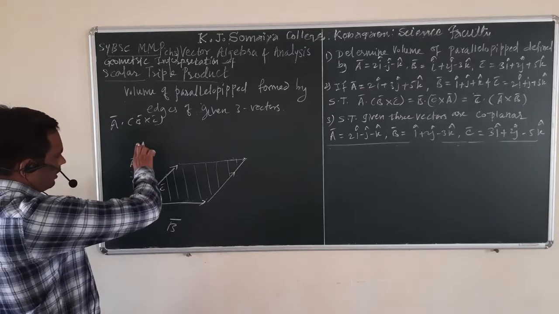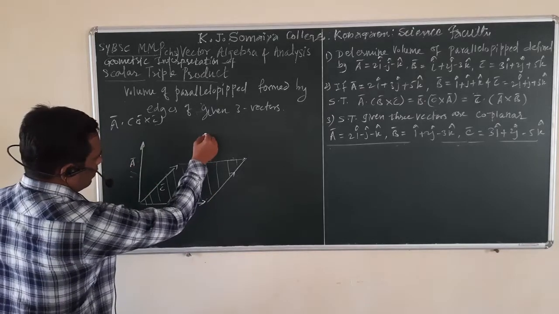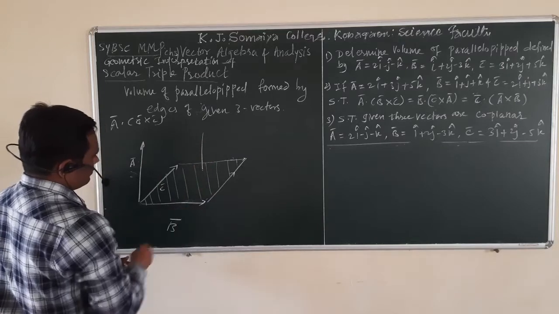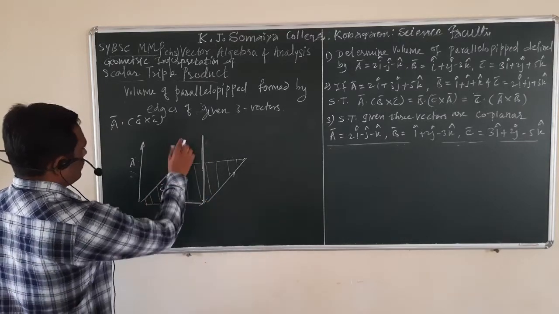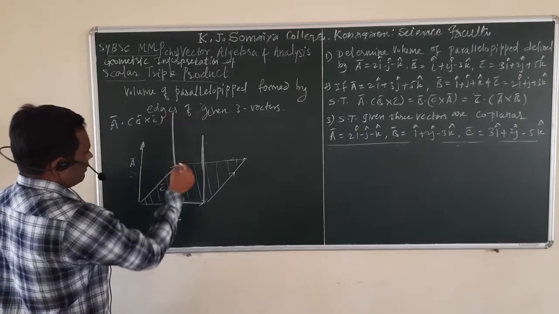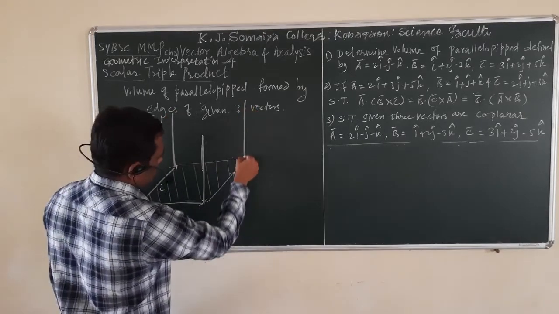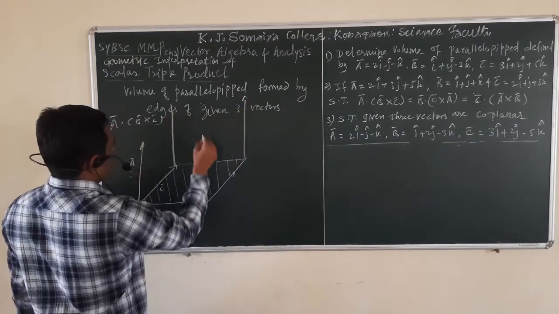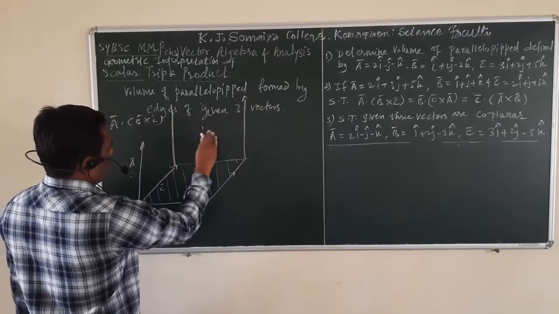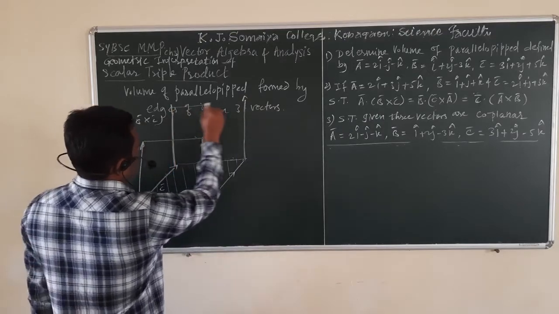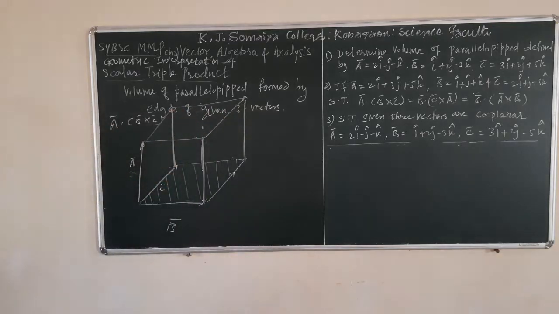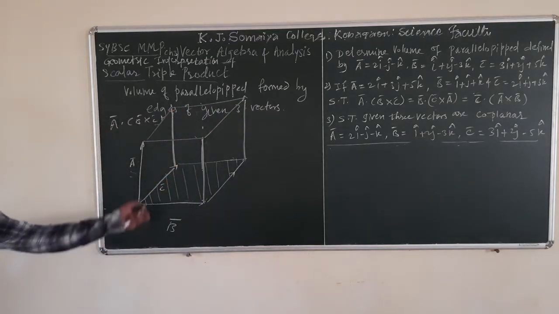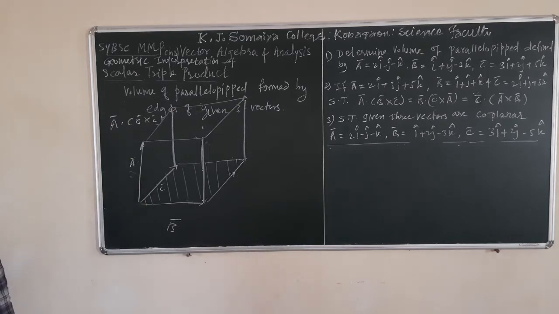So draw parallel vector A at all the four edges. If you take vector A, it will go like this. Now join these vectors. The shape which is formed here is the parallelepiped.